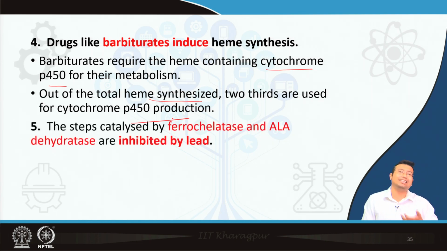And how can it be inhibited? It is inhibited by lead. Specifically, the enzymes ferrochelatase and ALA dehydratase are inhibited by lead. So, lead poisoning leads to anemia and impaired heme synthesis.